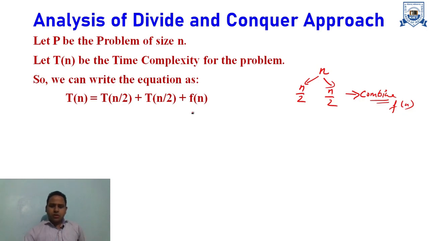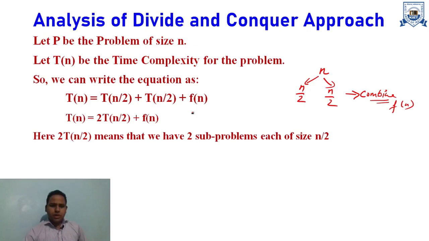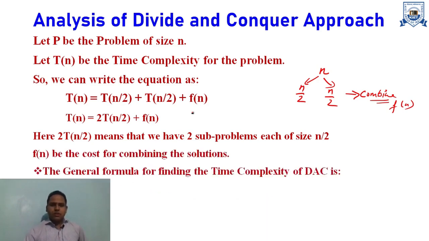Now we can write it as 2T(n/2). This means we have two sub problems each of size n by 2, and f(n) is the cost for combining the solution. So what is the general formula for finding the time complexity if we are applying the divide and conquer approach?